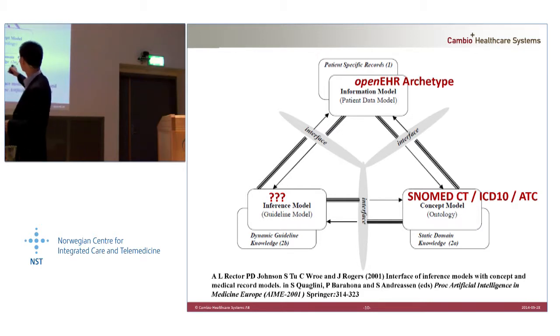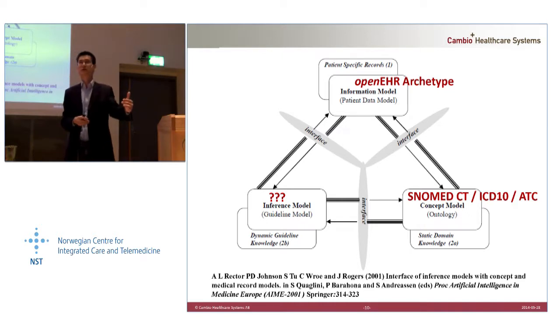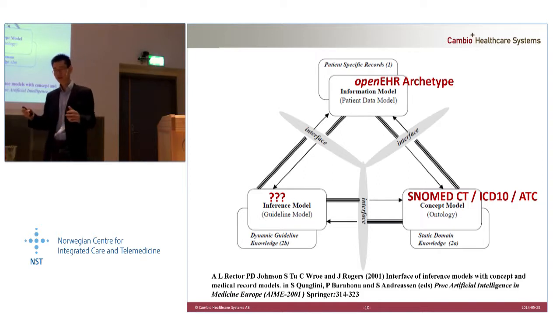And you have something called the concept model. Today it's an area covered by reference terminology like ICD-10 and SNOMED and so on. Now you have the inference model, which I sometimes describe as the foreground knowledge of medicine. If you practice internal medicine, the guidelines for diabetic treatment evolve over time. If you're a cardiologist, you follow cardiology guidelines in AF management and so on.